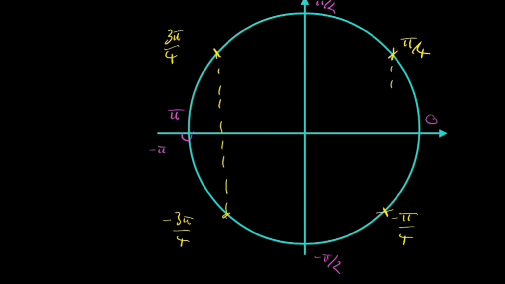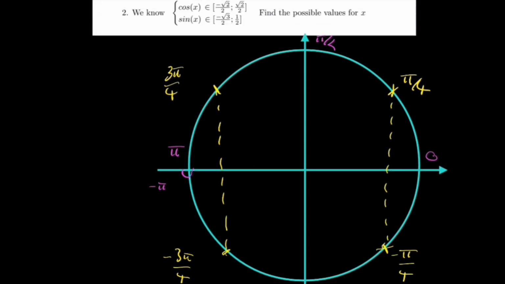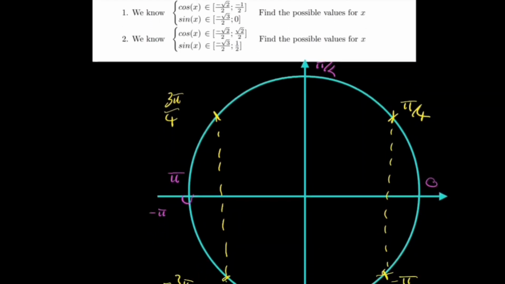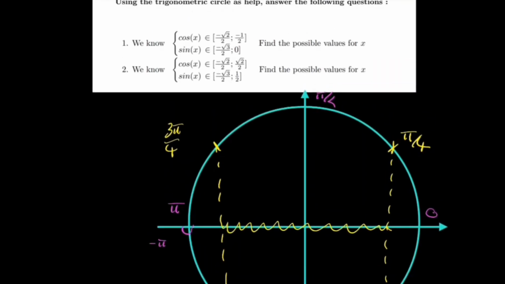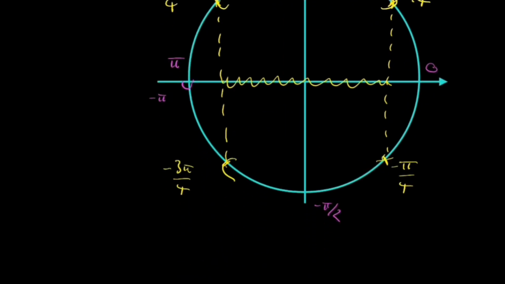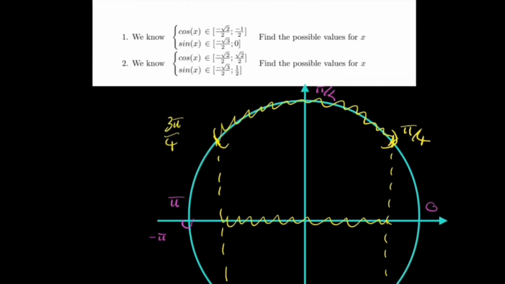Perfect. And we want our values of cosinus to be in this interval. So if we look at what's going on into the trigonometric circle, our yellow zone is those two intervals, including their borders.